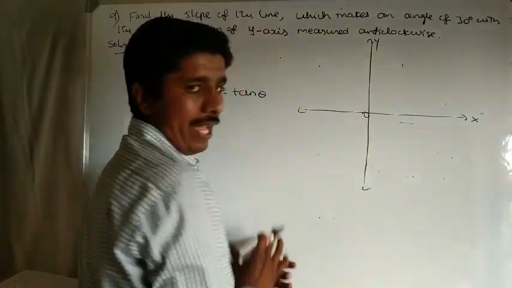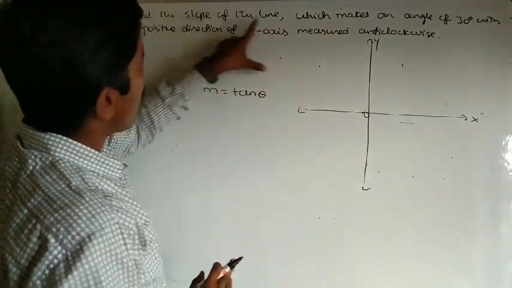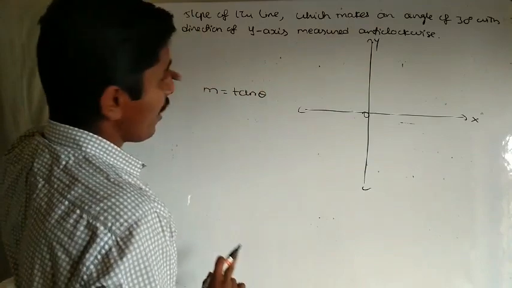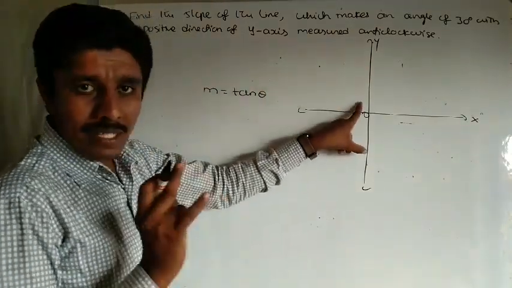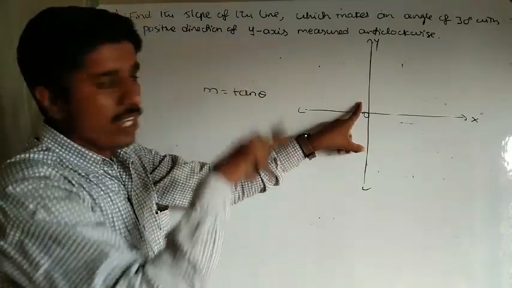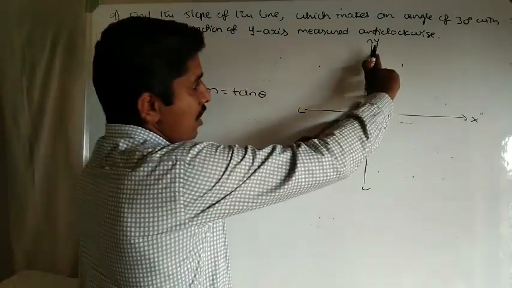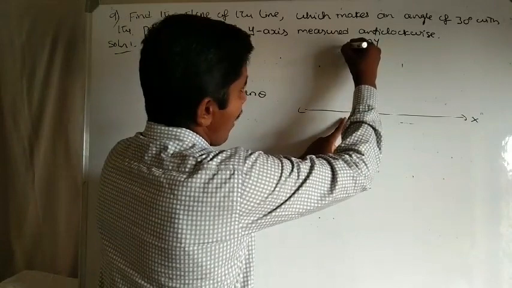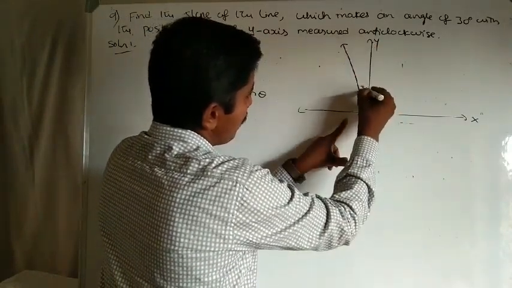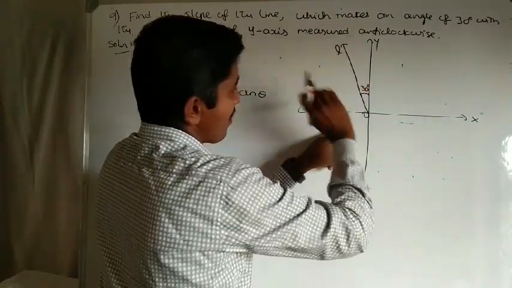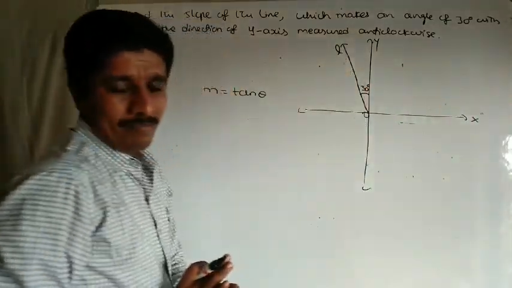Positive y-axis, negative y-axis, correct. This is the positive direction of y-axis. Your line makes an angle of 30 degree with the positive direction of y-axis. Here we have to find the slope of this line.